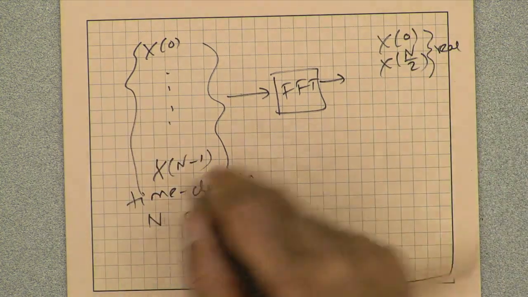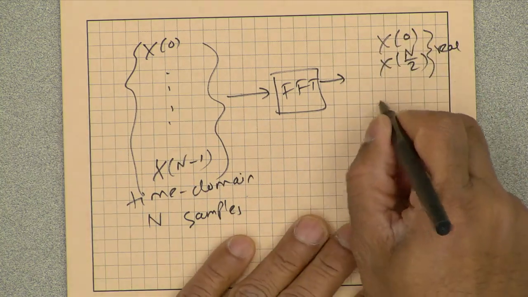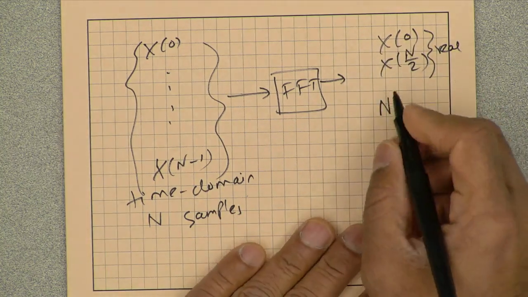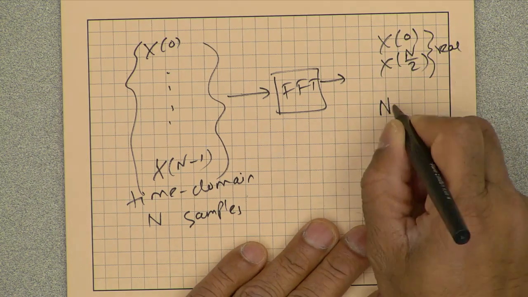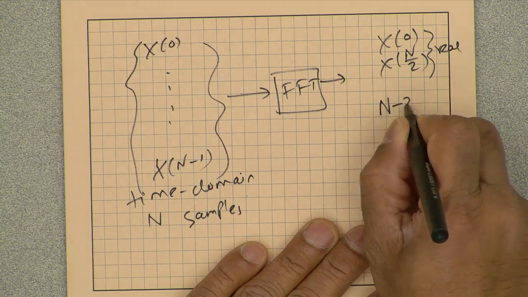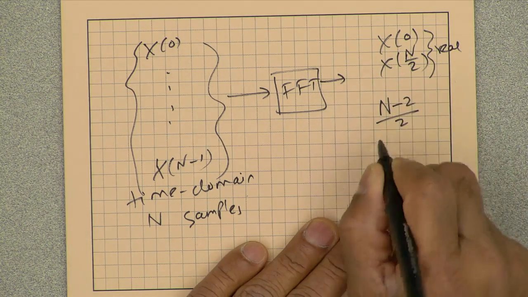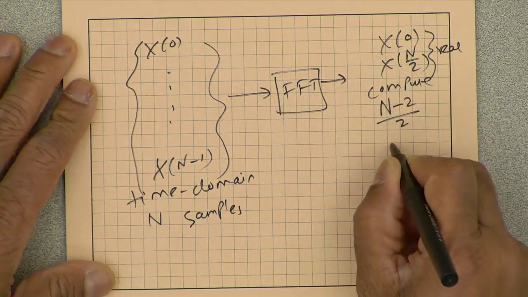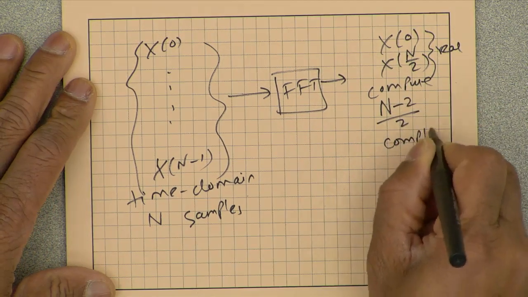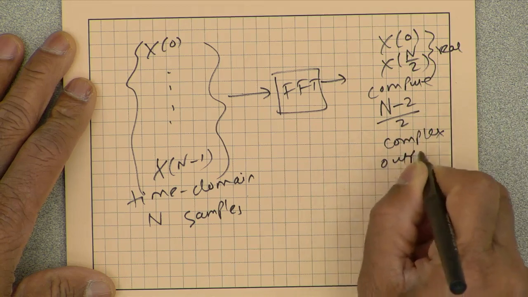So out of N, these are 2, and the remaining are N minus 2 values left, and out of those we need to compute only (N minus 2)/2 complex outputs.